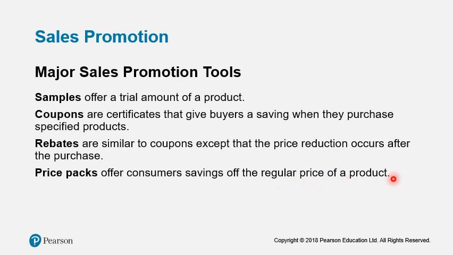It could be just like your purchase with purchase, PWP, where you purchase the first item at normal price. With that purchase, you will get a saving on, let's say, the second purchase of the product. That is purchase with purchase under price packs.